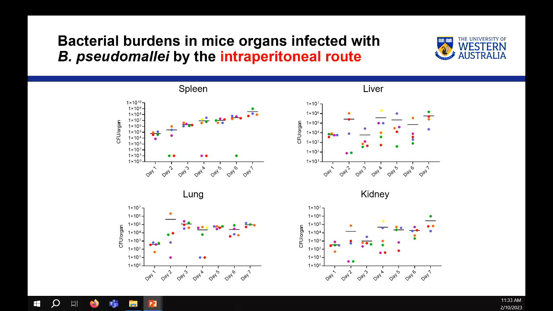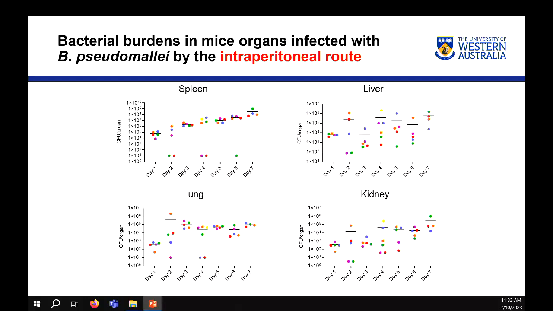And so this was performed by the IP route, and you can see a nice increase in numbers of bacteria by day 7 in the spleen. In the liver, you can see that there is a variable amount of bacteria, but there is bacteria in there. In the lung, kind of similar to the spleen, you see bacteremia, but it stays fairly static for the 7 days.